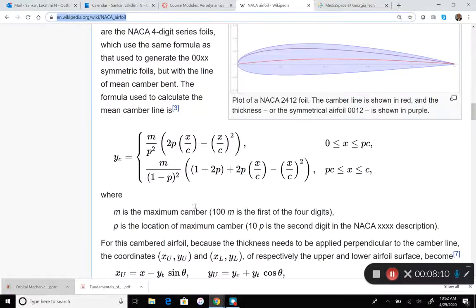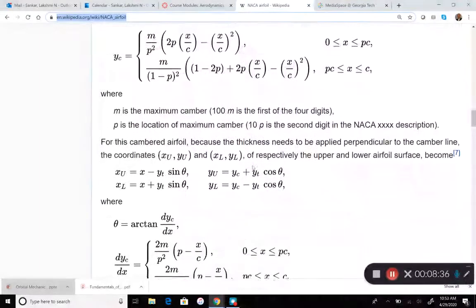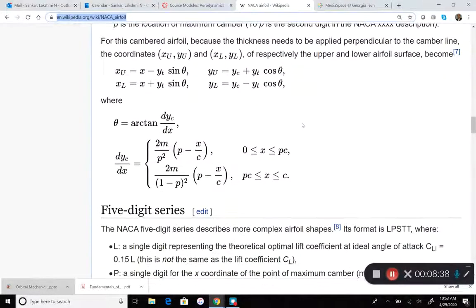So again, the camber goes to 0 when x equals 0. You'll go to 0 when x equals 1. So when x equals 1, this and this will become 1. This 2p will cancel with this 2p. So that's how the various equations work. Okay. So again, you don't need to construct any of these things.